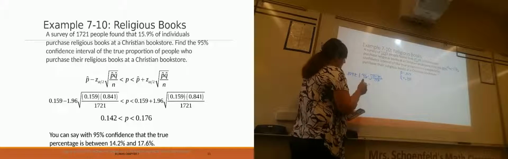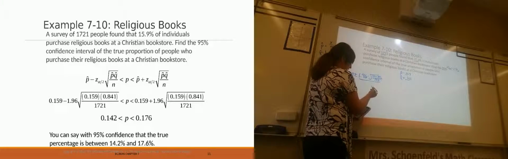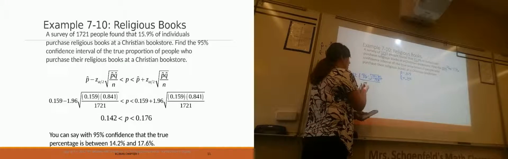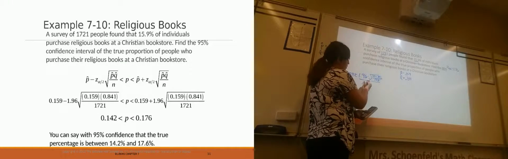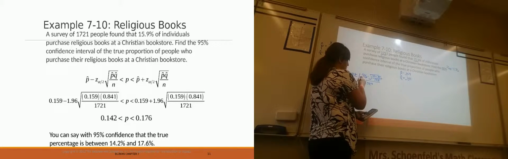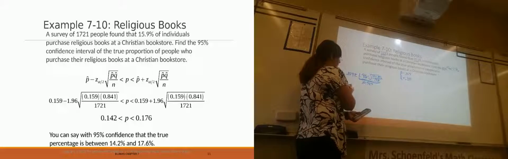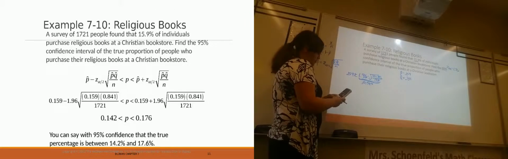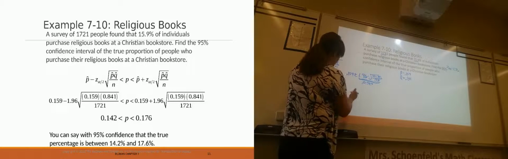Okay, so this whole piece is my standard error basically. So my error is 0.01727. And then I'm going to have 0.159 minus that on the left.